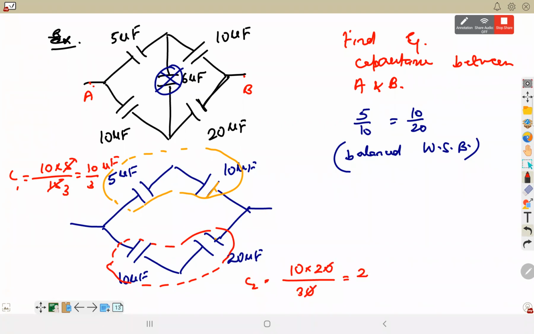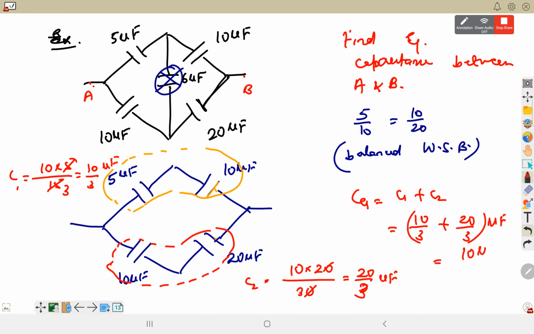That becomes 20/3 microfarad. And both of them are in parallel. So C1 plus C2, 10/3 plus 20/3, which becomes 10 microfarad. This is the equivalent capacitance.